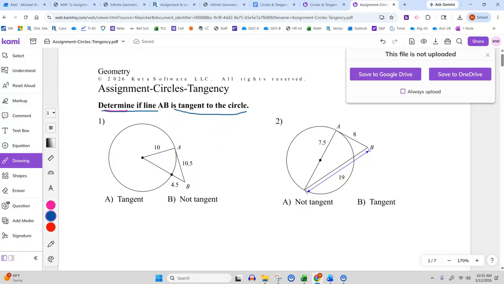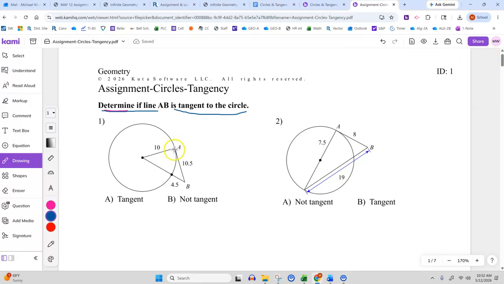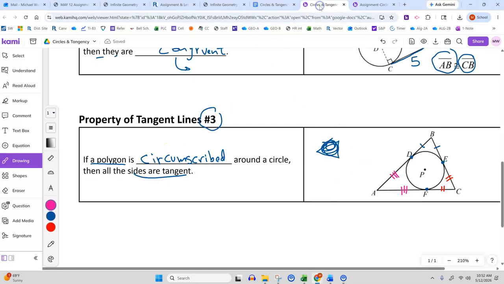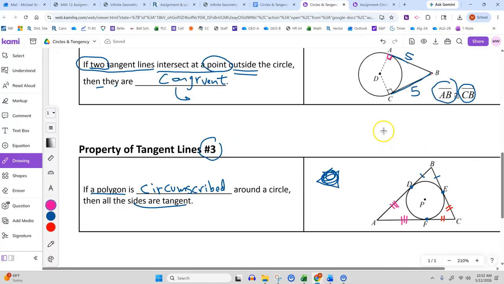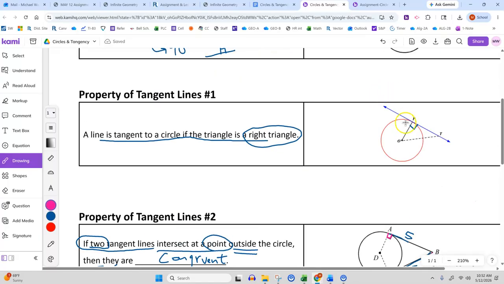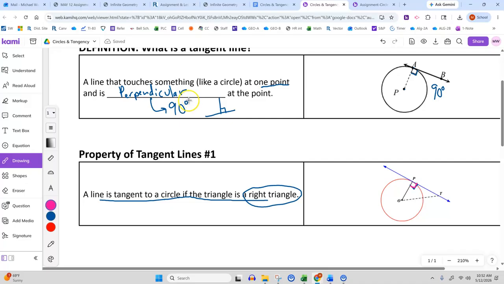Well, it is tangent to the circle if, let's go back here, if it forms a 90-degree angle, right? If this is a 90-degree angle, then it's tangent. Well, what happens if you have a 90-degree angle, if it's tangent? Okay, so that's 90 degrees, right? So I already showed it up here. If it's 90 degrees, then it's tangent.